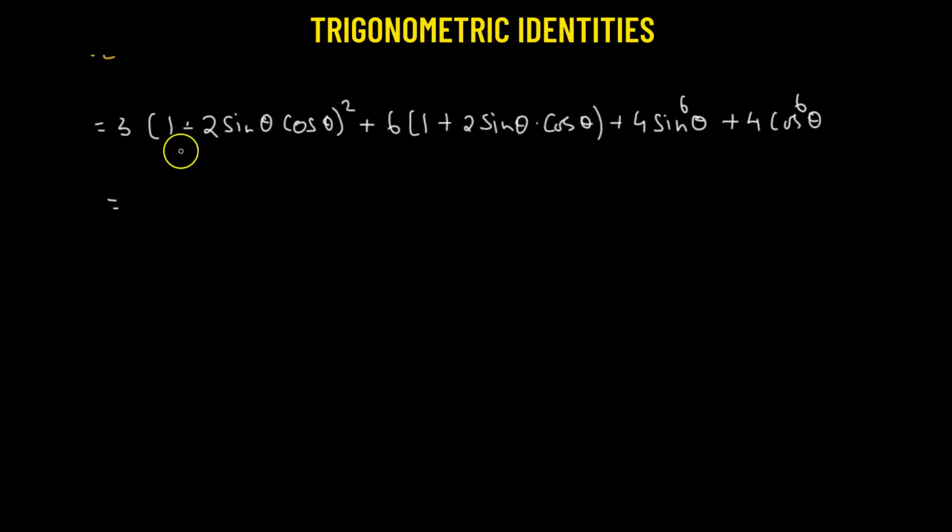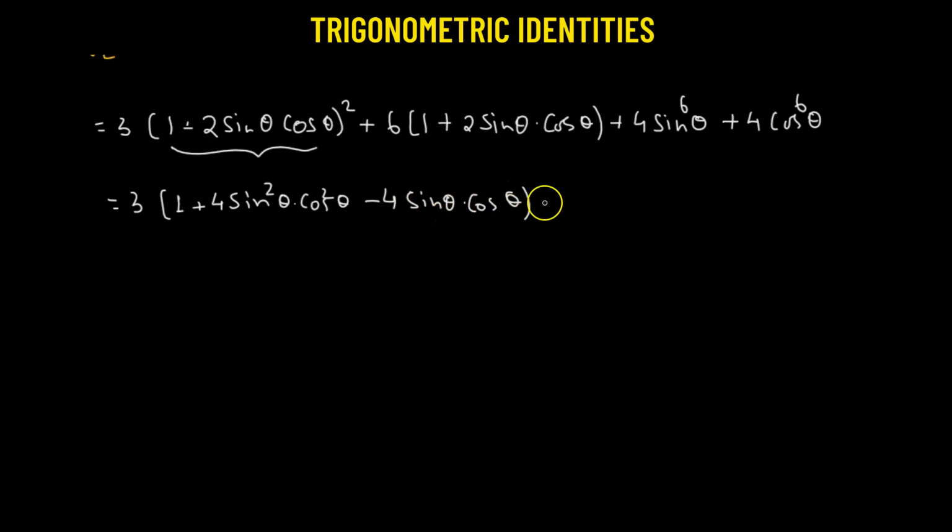So here we have (1 minus 2 sine theta cos theta) whole squared, and we'll have to expand this. We're going to use the expression (a minus b) whole squared gives a squared plus b squared minus 2ab. So we have 1 plus 4 times sine squared theta times cosine squared theta minus 4 times sine theta times cosine theta, plus 6 multiplied by (1 plus 2 sine theta cos theta).